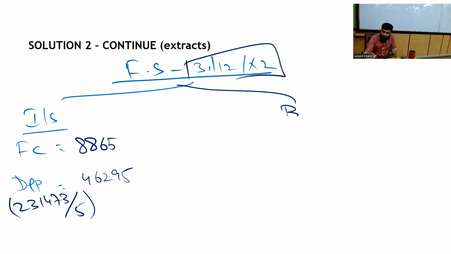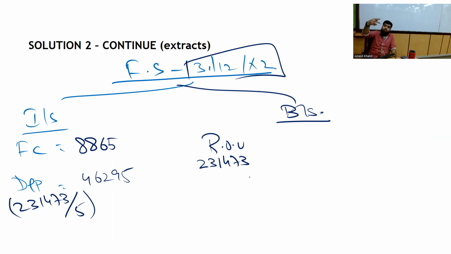Now let's move on towards the balance sheet side. We are going to recognize the right of use asset. The amount was 231,473, but remember we need to deduct the depreciation for 2 years. That is the carrying amount: cost minus accumulated depreciation. The annual depreciation is 46,294 multiplied by 2, which means the depreciation for 2 years is 92,589, and we'll deduct this from 231,473.